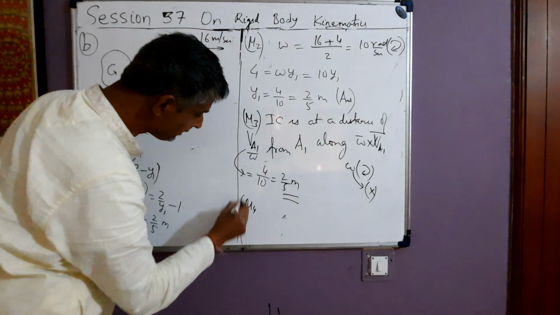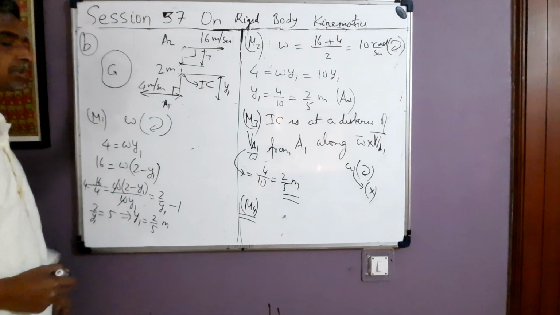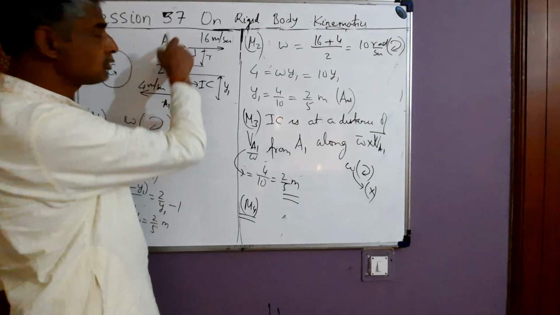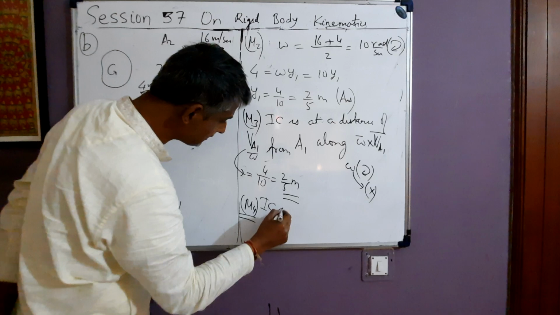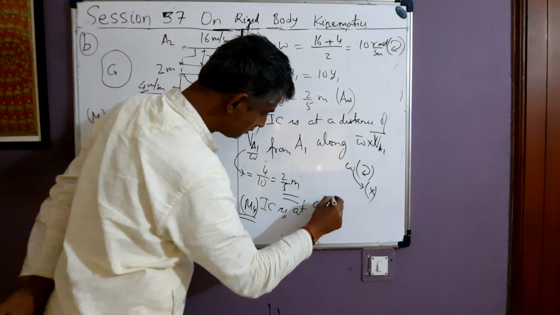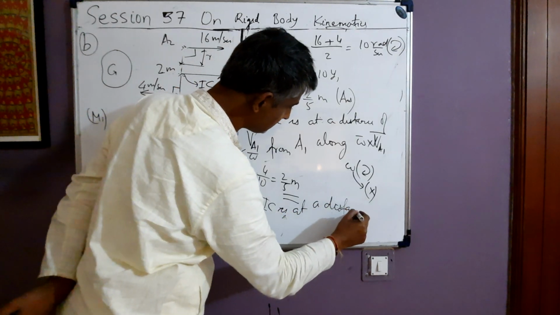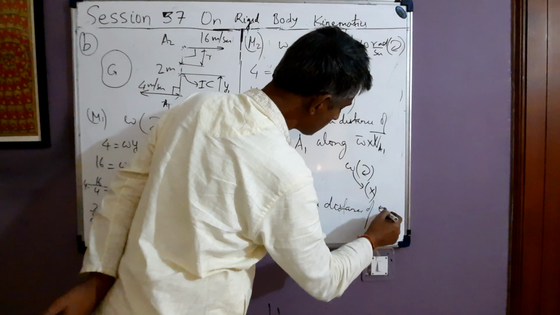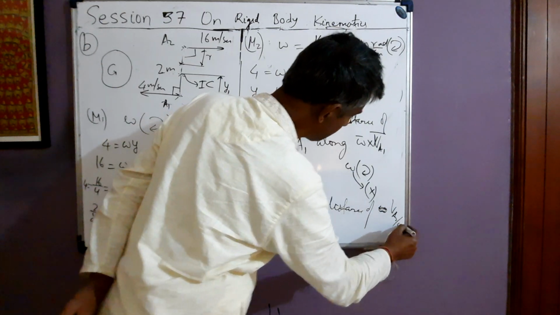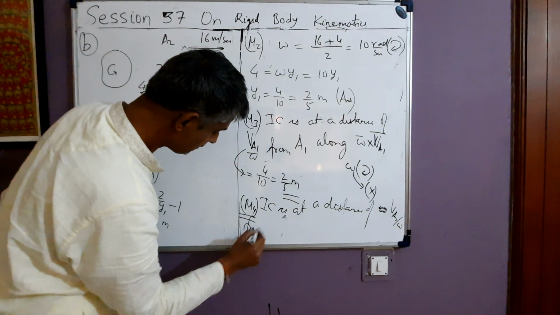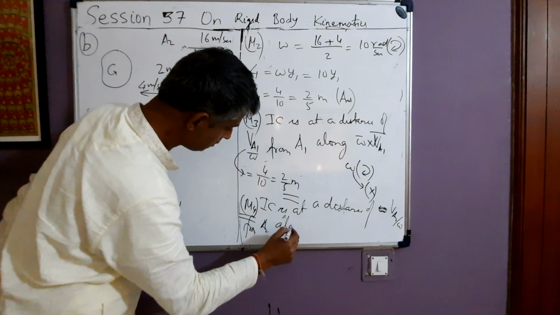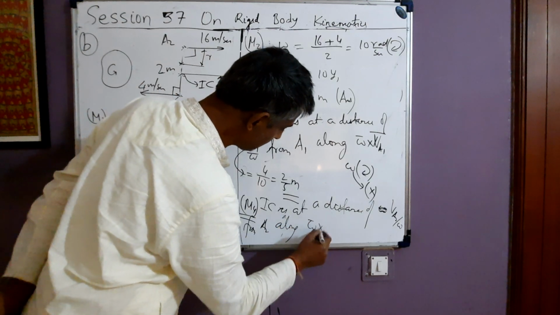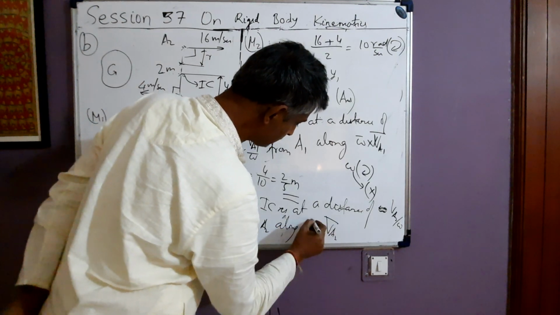Now we solve this by method 4. Method 4 is this concept, but instead of A1 we use A2. IC is at a distance of VA2 by omega from A2, along the direction omega cross VA2.